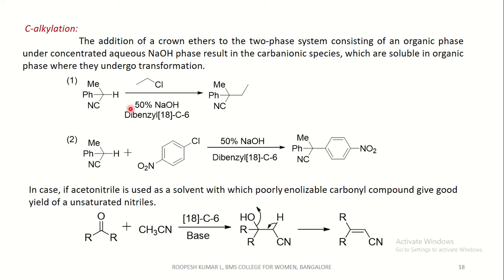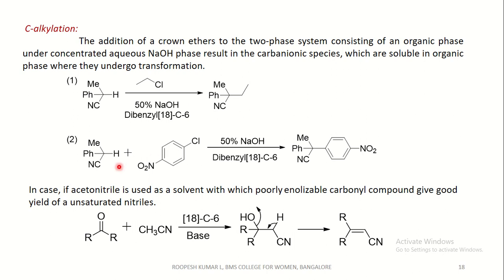That is, this cyano compound reacts with the NaOH, the 50%, very concentrated NaOH, in the presence of dibenzo-18-crown-6. That is, this NaOH base abstracts this proton to form the corresponding carbanion. This carbanion comes and attacks this carbon with the elimination of chloride ion to form this corresponding compound.